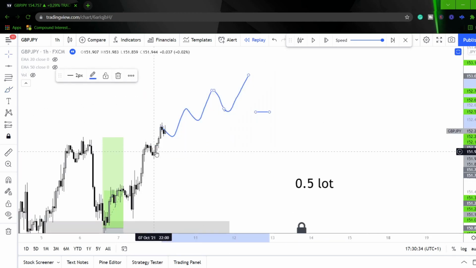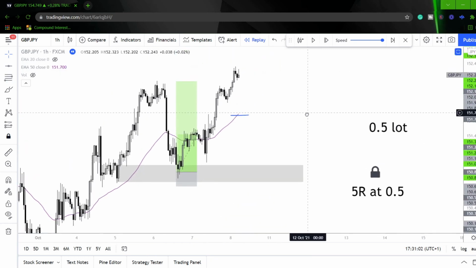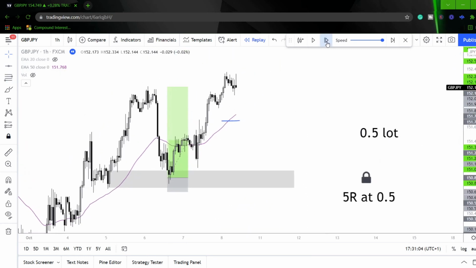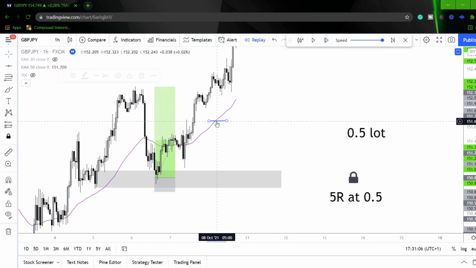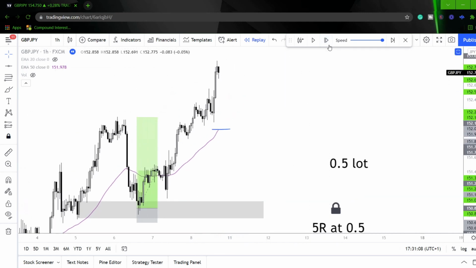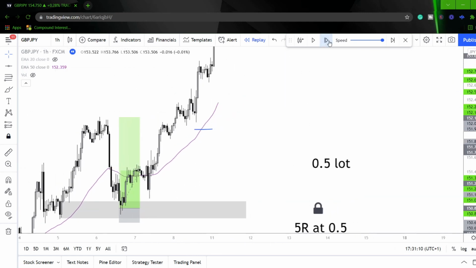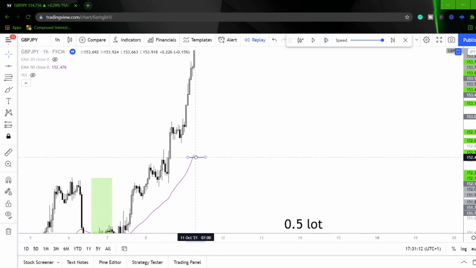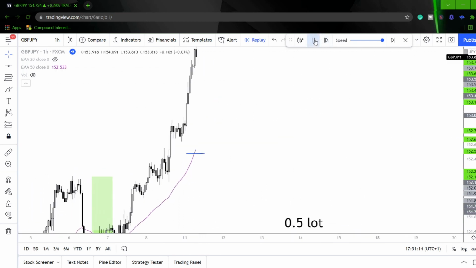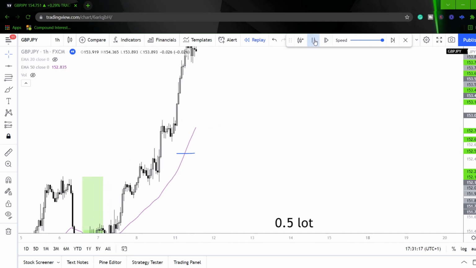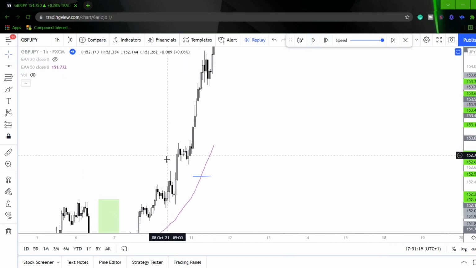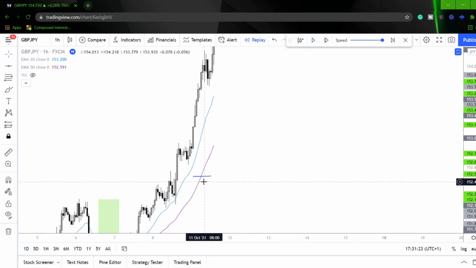Another thing that you can test is a moving average. As price moves up, you roll your stop with the moving average. Now there are pros and cons to that. It just gives you a nice line to follow, a nice guidance, and depending on the period you set, you can have it follow price aggressively or give it more room.